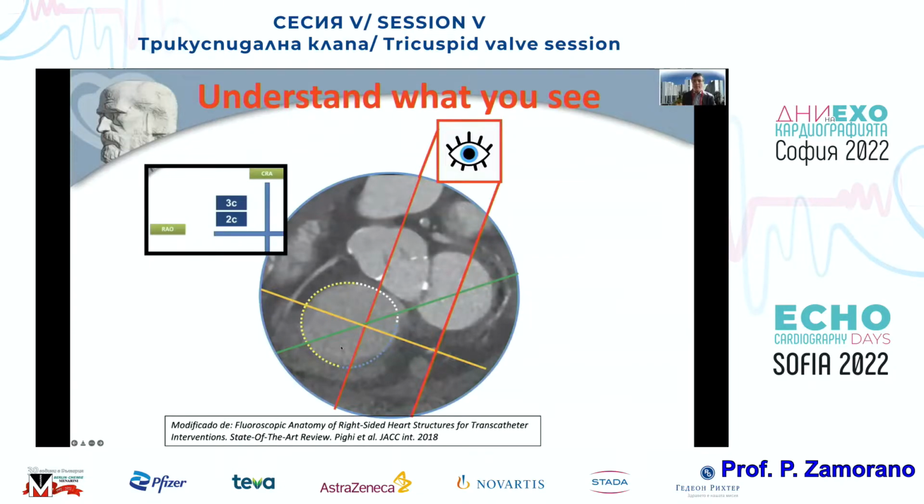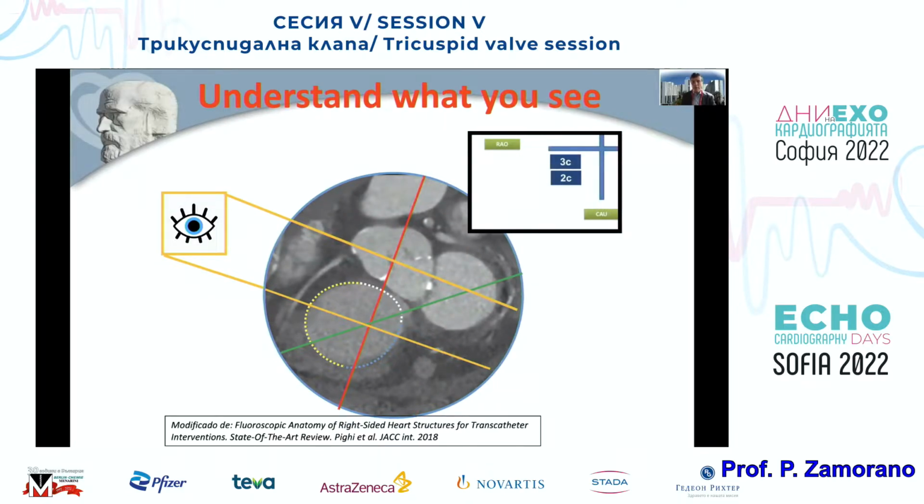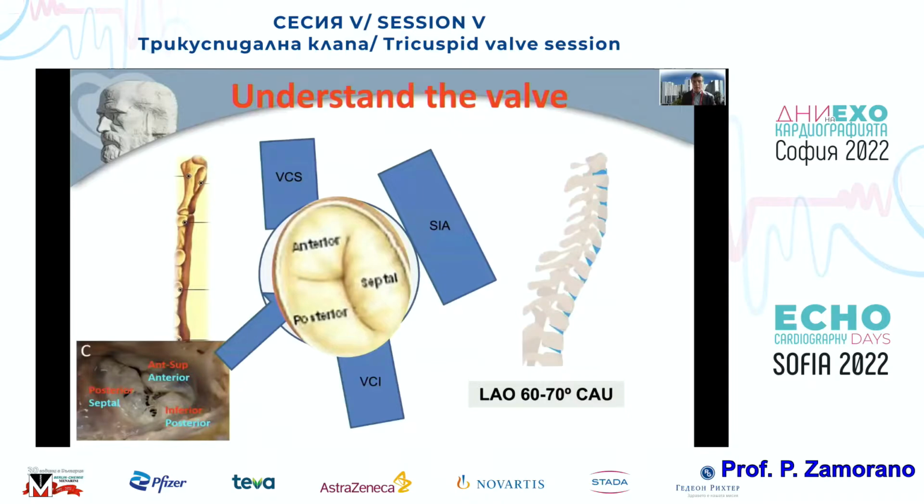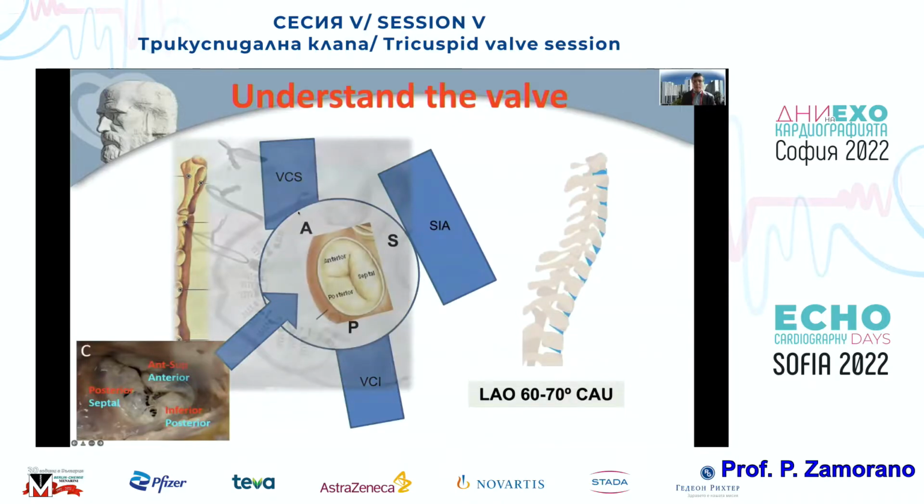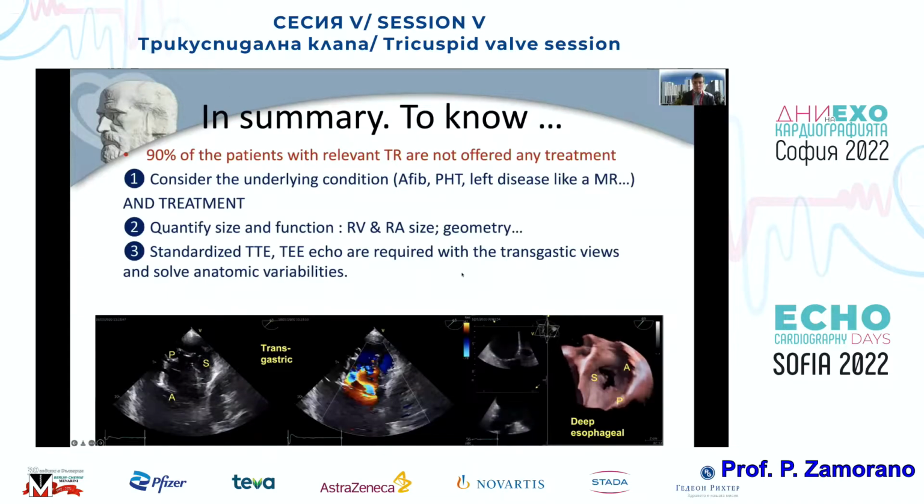So we need to really combine all this information and also speak the same language with your interventional cardiologist. I think this is crucial to understand the relations with the coronary and the relations with the superior vena cava, the inferior vena cava, and the interatrial septum.